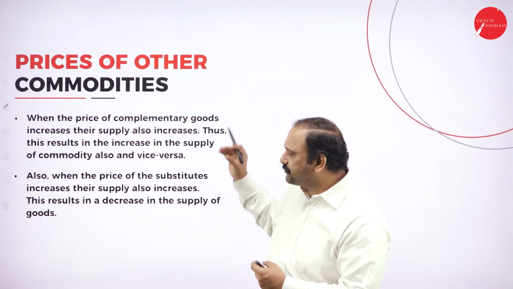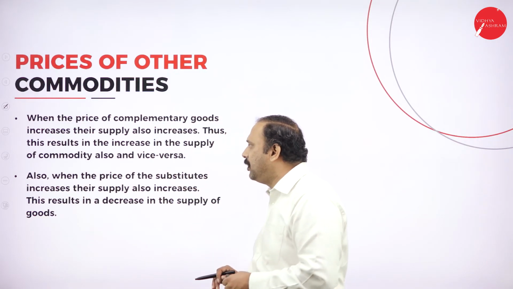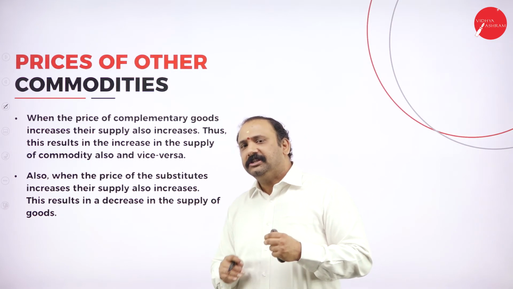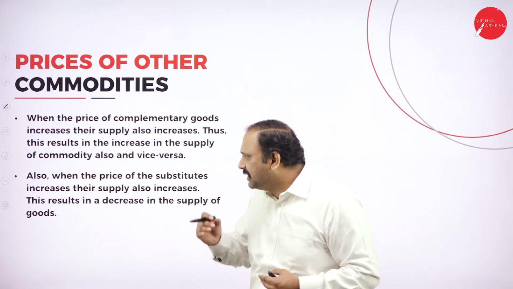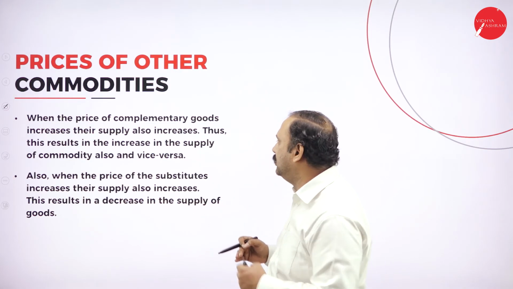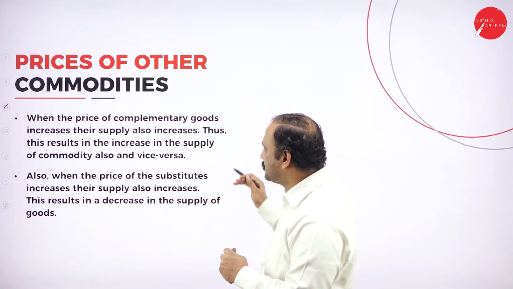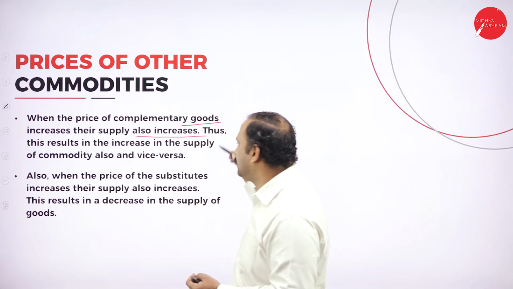Followed by the prices of other commodities. When you are talking about the prices of other commodities, you also need to understand this factor. The more alternatives and substitutes you have, the more the result in terms of price hike is also there. So when the price of a complementary good increases, their supply also increases.